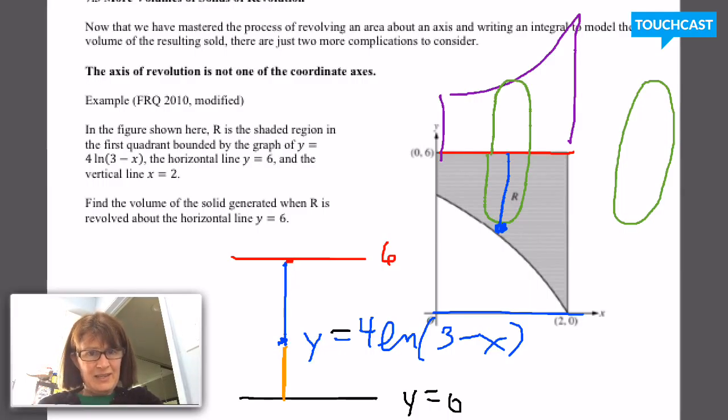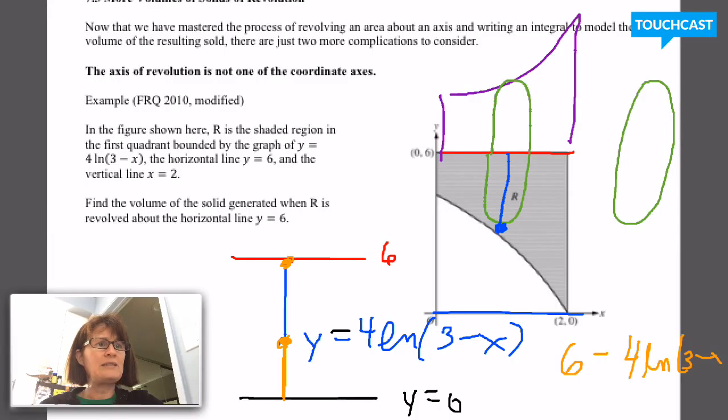If I want to figure out the distance along the blue radius, it's going to be top minus bottom. And in this case, the top of the blue radius is always 6 minus the bottom of the blue radius. That's the 4 natural log of 3 minus x.